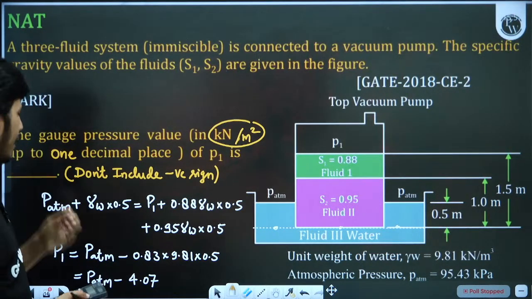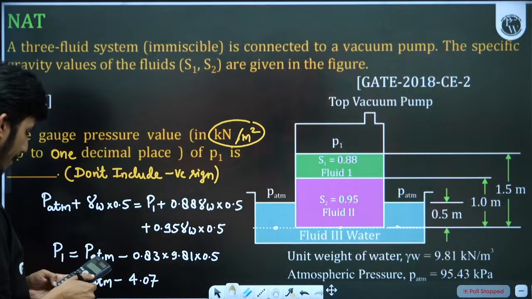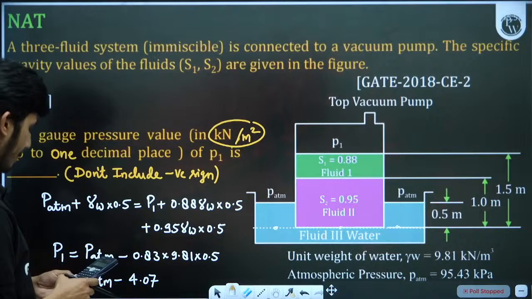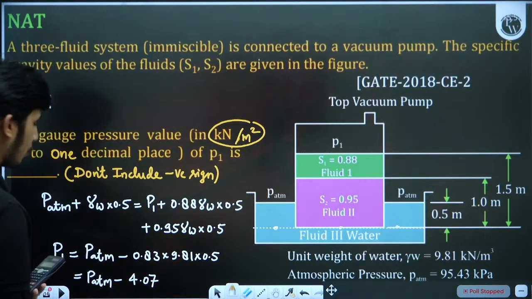Am I doing it correctly? Yes or no? Tell me. If not, you can tell me. Yes, 4.07.